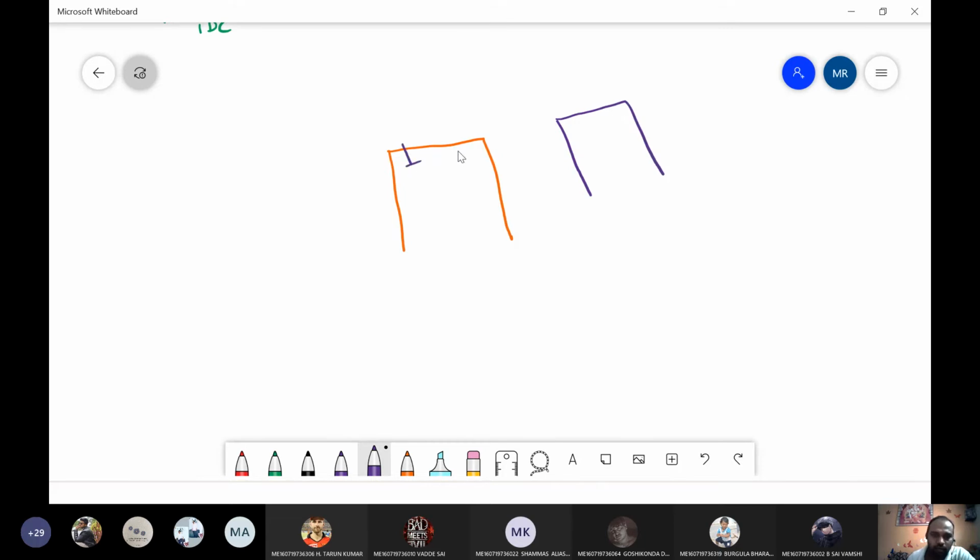Now here we have inlet valve, outlet valve, inlet valve, outlet valve. Now this inlet is connected to the atmosphere. Again, this outlet is in turn connected to the inlet of the second stage, and from here it will go to the storage, right?